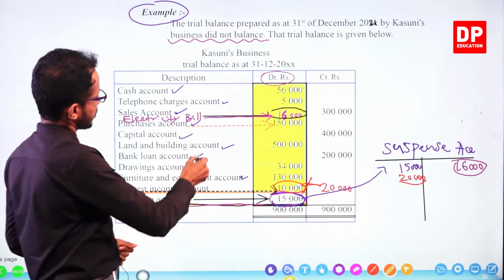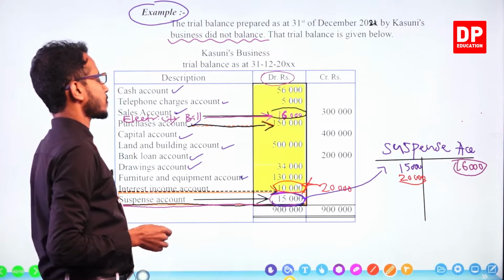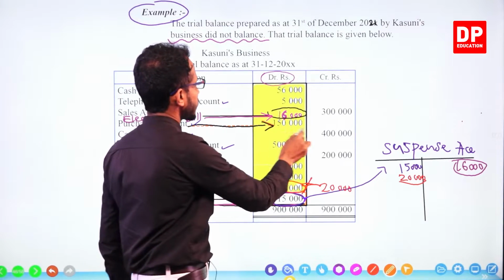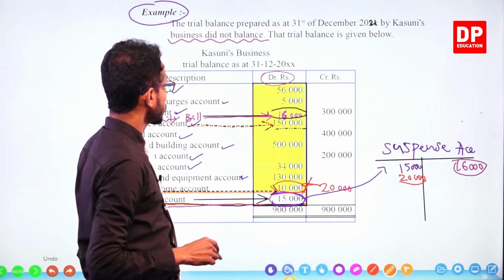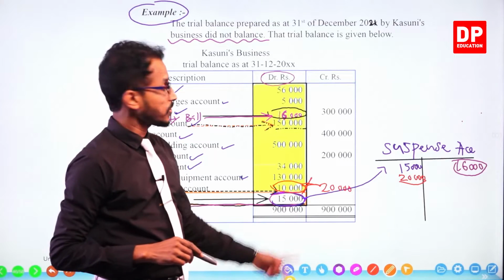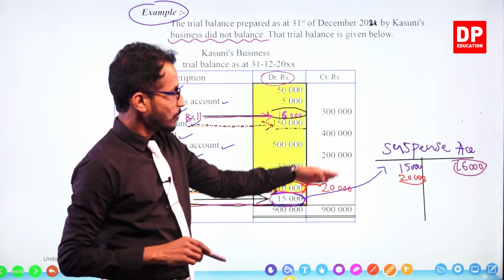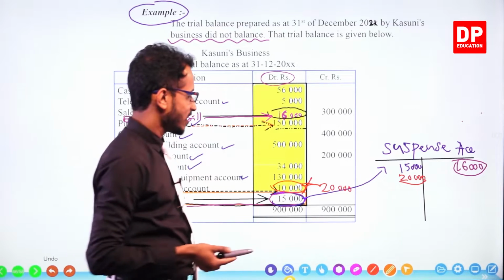Trial balance purchase account is in the debit side. 20,000 excess here. Okay. What to do? If 20,000 is excess in the debit side, you put 20,000 to the credit side.